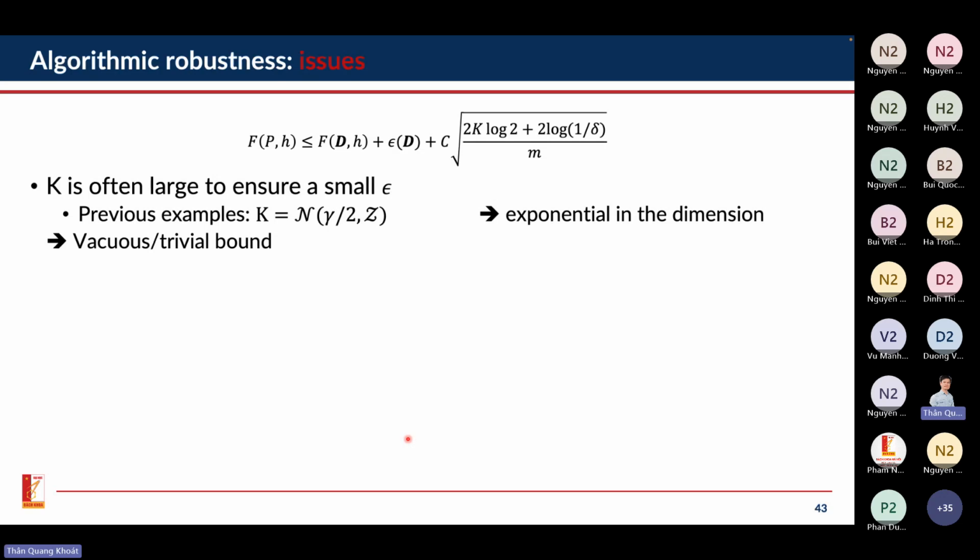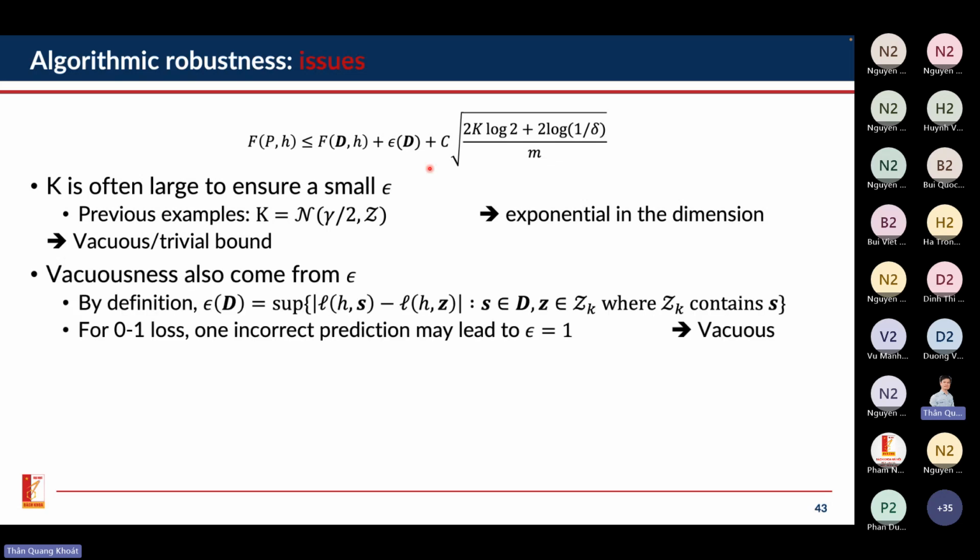But for those theories, we need to divide the data space into a large number of areas. So sometimes it can be vacuous, meaning this upper bound can sometimes be very large and trivial. In that case, this bound can be useless. This is just one example.